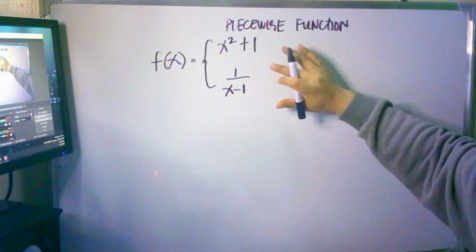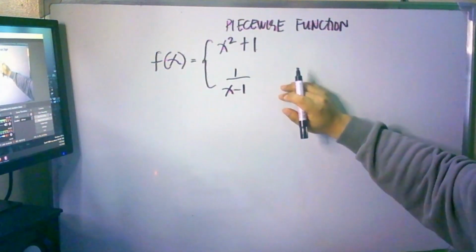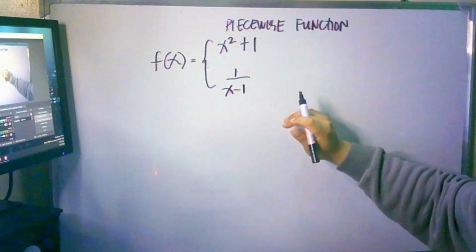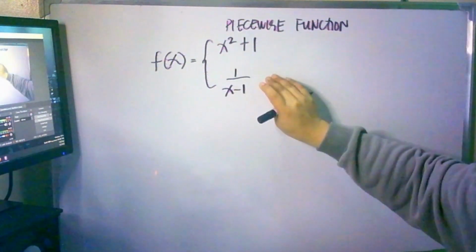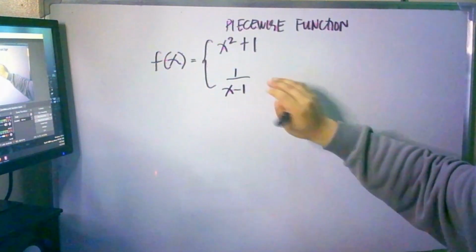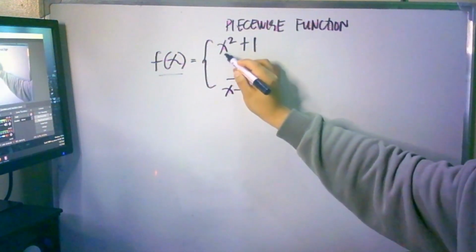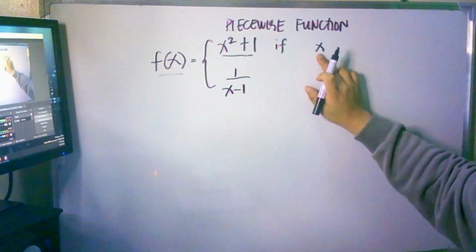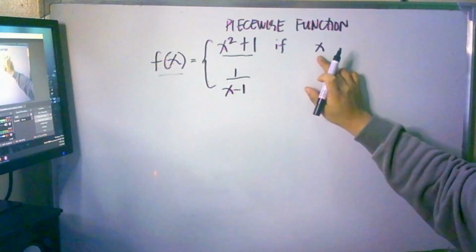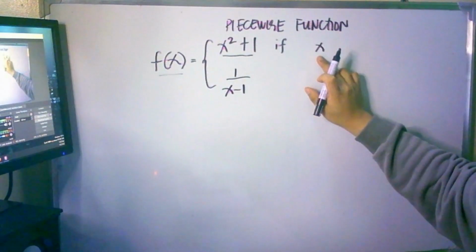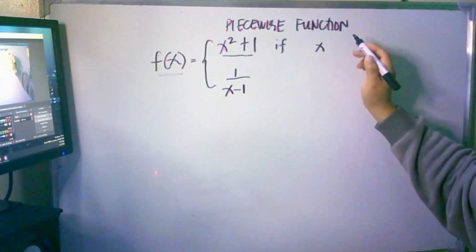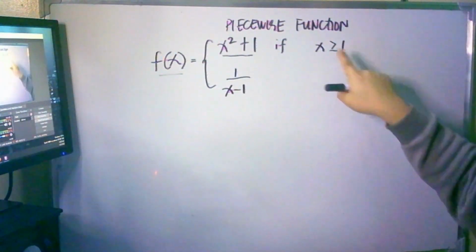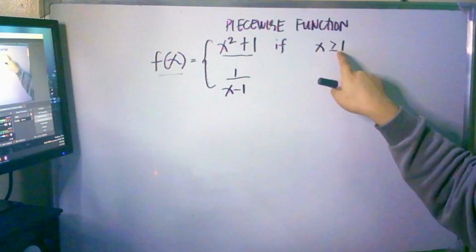And because there are two pieces in my function, I would have to define the domain or the interval from which each piece is defined. So the value of the function is based from the first piece if your input x, so x is a representation of an input, is greater than or equal to 1.